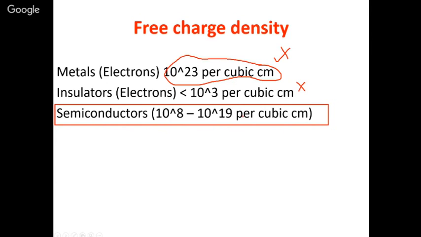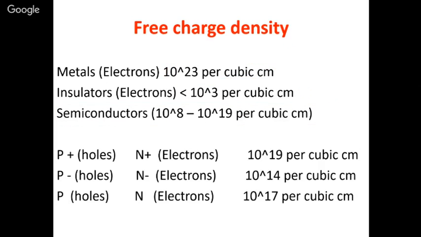So that's why we go for semiconductors. Now, with P and N regions: if you add more holes and it is 10 to the power 19 per cubic centimeter, it becomes P plus. If it is 10 to the power 19 electrons per cubic centimeter, it becomes N plus.